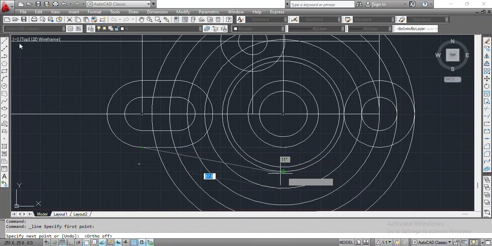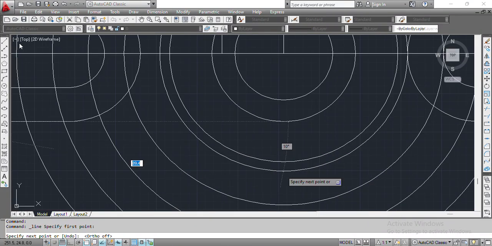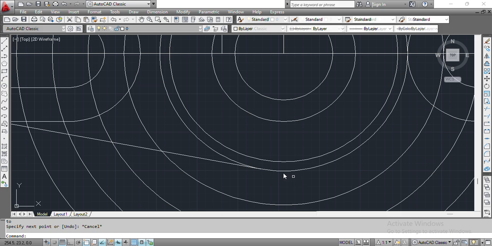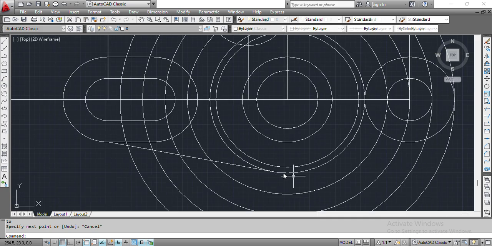We take this, we draw it to the tangent, type tangent. Good, it has indicated tangent. Well, so we have that.